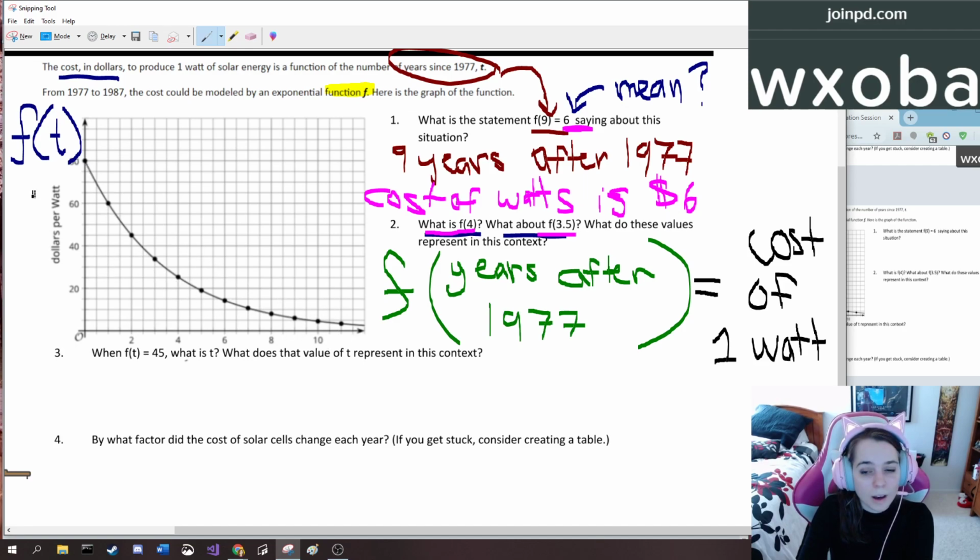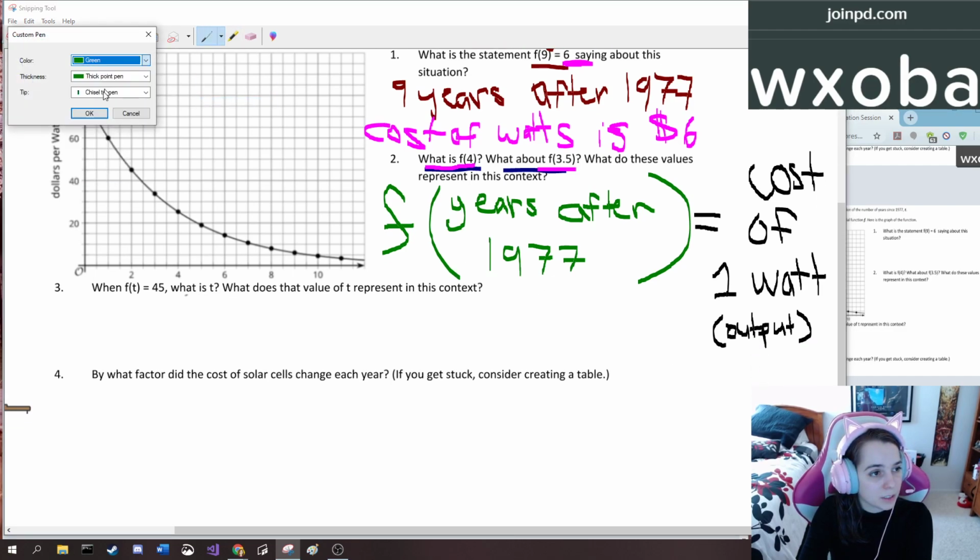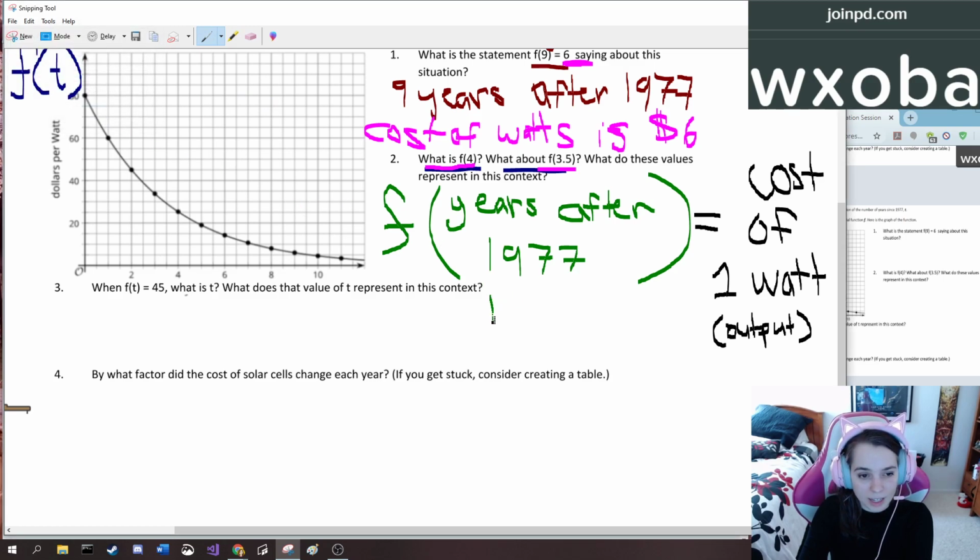So the number on the outside will be the cost. The number on the inside is the number of years after, because this is always going to be our output. Okay, because we have dollars as a function of time, and then this is going to be considered our input or our independent variable.